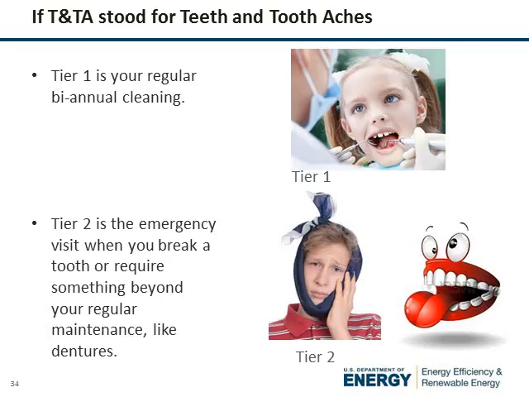It keeps you in good shape. Keeps everything healthy and working as it should, right? That's Tier 1, that's T for teeth. Tier 2 stands for toothache. So that's the emergency. That's when something goes wrong that you have to fix. You broke a tooth chomping down on a jawbreaker, and you've got to go in and get that tooth fixed right away. Has to happen.